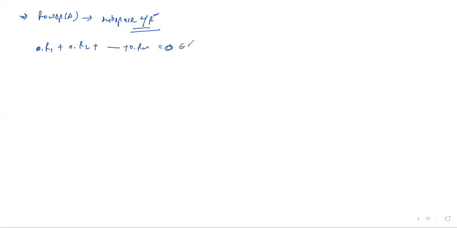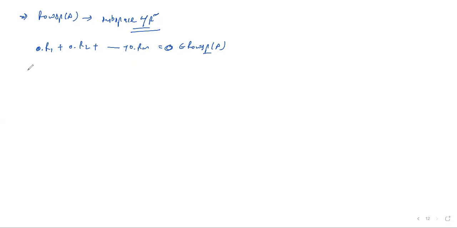For checking a subspace, first we check for the zero vector: 0·R1 plus 0·R2 plus 0·Rm gives a resultant of 0, belonging to the row space of A, as there can be a row which is the zero vector.